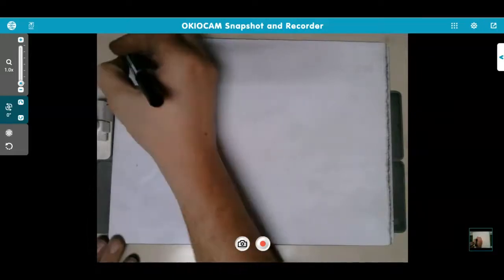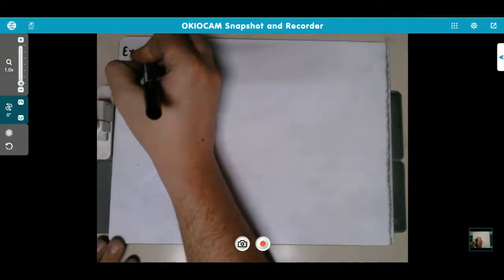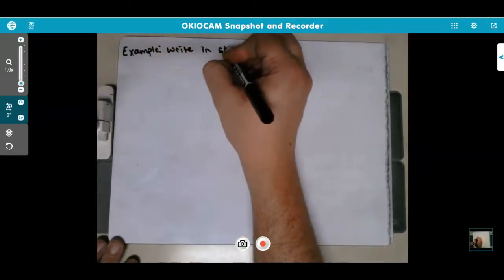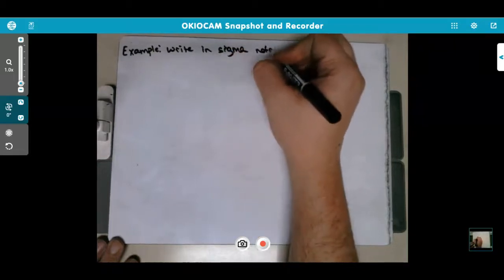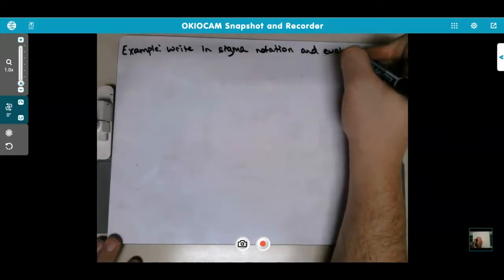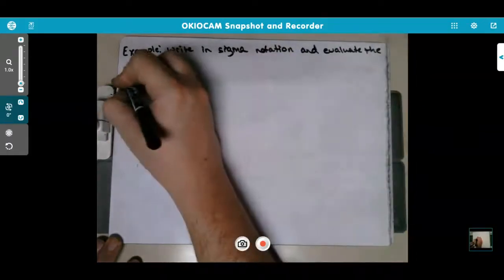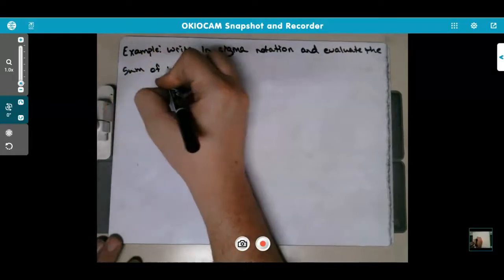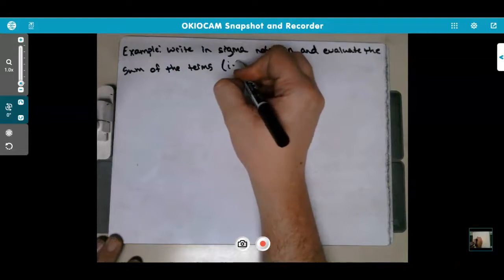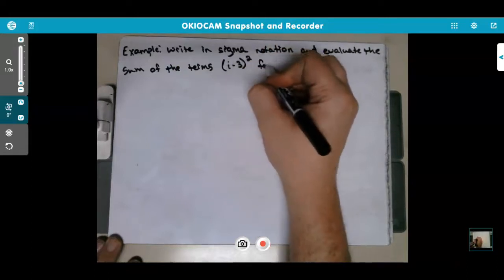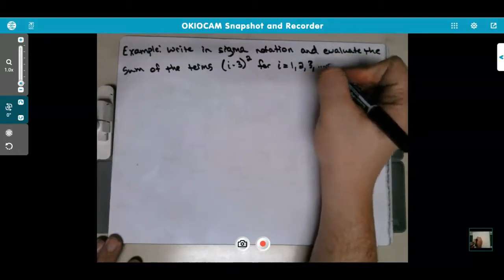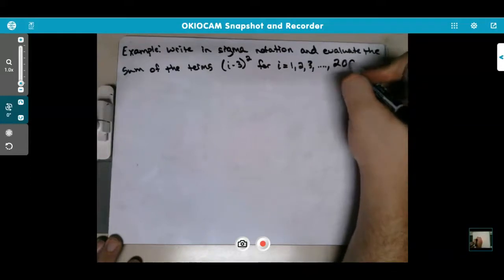Example. Write in sigma notation and evaluate the sum of the terms i minus 3 squared for i equals 1, 2, 3, up until 200.